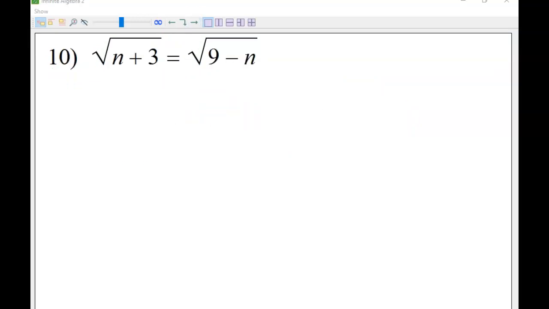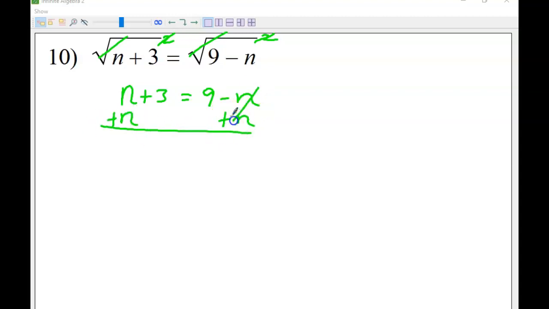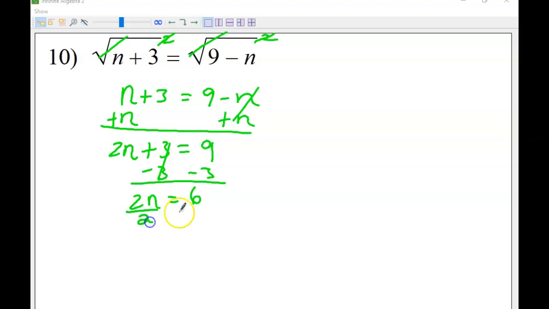This is an example where you have a square root on both sides. In that case, you just square both sides right away, and you end up with this. And then from there you use algebra, so you're going to move the smaller variable to the other side so you can combine those together. That makes 2n plus 3 equals 9. And then from there just use some basic algebra to solve it. n equals 3.